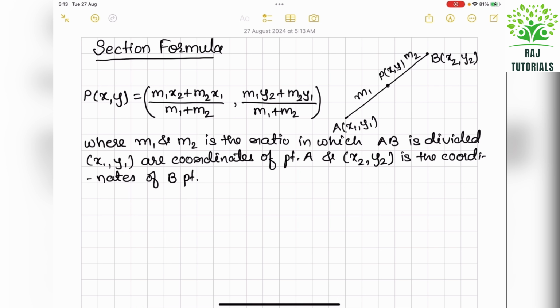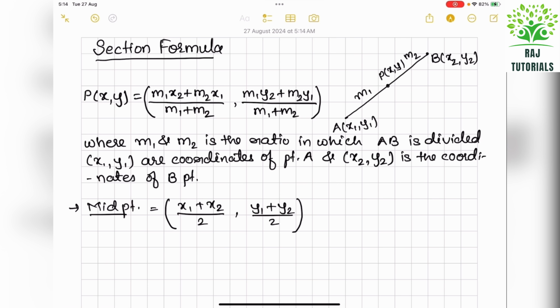There is a special case also, if it is a midpoint. For finding the midpoint, the formula will change to (x1 plus x2) upon 2 comma (y1 plus y2) by 2.